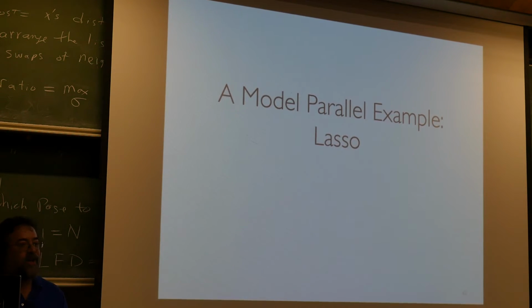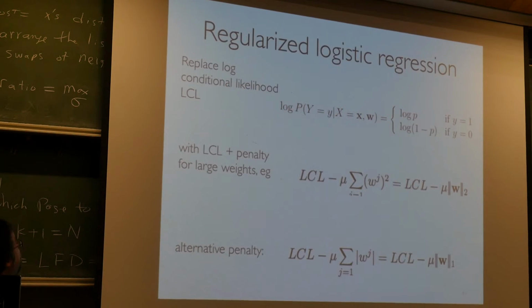Most of what we talked about is machine learning where what you parallelize is the data. So you shard the data between different workers, and you try and make that work. But there is an alternative. It's less commonly used, but there are some cases where it does work nicely, and this is one of them. This is a technique called the lasso, or L1 regularized regression.